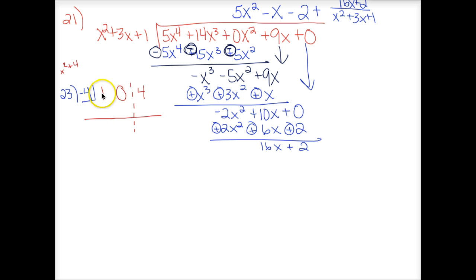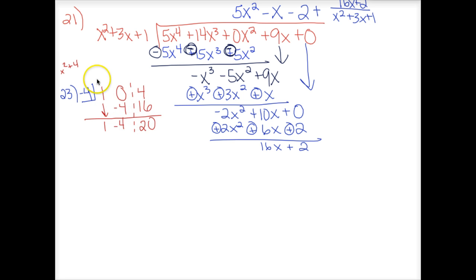Once you've set up the box and the coefficients, then you bring down the first term. Now do box times bottom, which gives you -4, and then add the column, which also gives you -4. Then box times bottom is positive 16, and then add the column, which gives you 20.